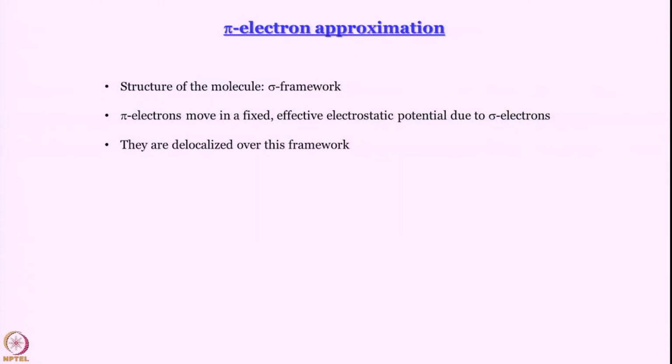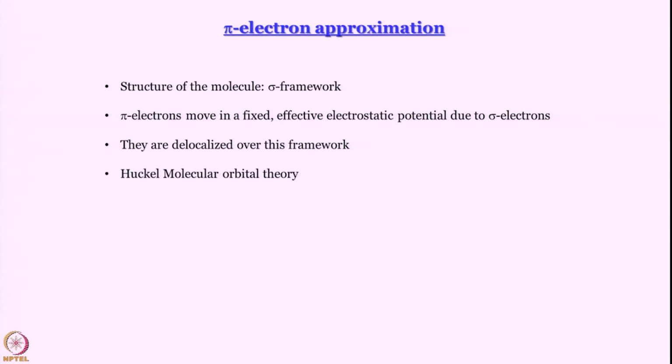There also the consideration was that there is shielding of the nuclear charge by the remaining electrons when we talk about any given electron. Here we are considering that the shielding is such that it is not complete. The electron does not become free as long as it is in the molecule. The potential energy is not necessarily equal to 0, but there is shielding, and an effective electrostatic potential is there. And in this framework pi electrons are delocalized all over.